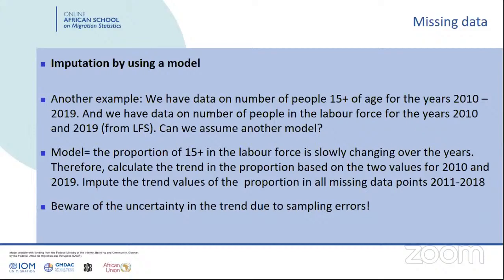But as I said, we have to be very careful in this case because we will have uncertainty in the trend due to sampling errors. We have these values from a sample survey and we have sampling errors, and they may cause problems when we estimate the trend. We will see that a bit later.